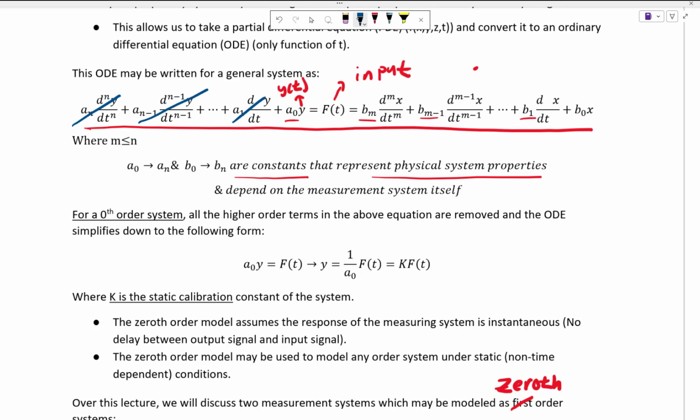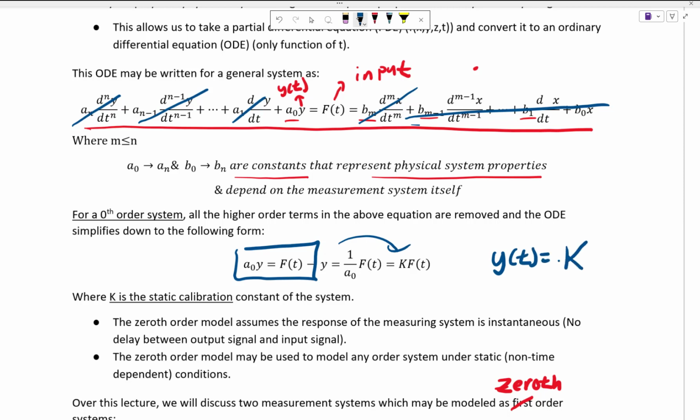So we're left with basically just this equation here. We can rearrange this equation slightly, where we can say that the output of our sensor is just equal to our calibration constant, capital K, times our input signal.